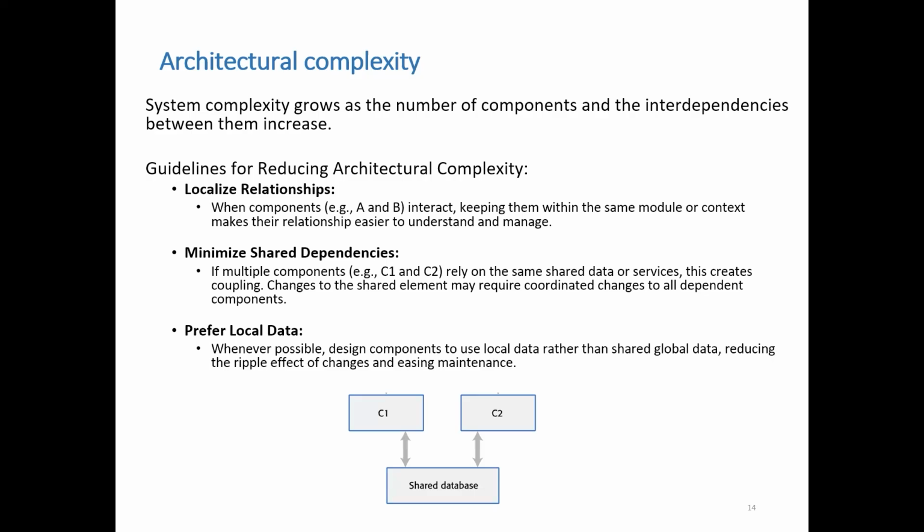Give each component its own copy or abstraction of what it needs rather than forcing them to depend on a shared resource. This helps reduce ripple effects and improve modularity. In short, smart decomposition isn't just about slicing up functionality, it's about strategically managing relationships. So the system stays understandable, testable, and maintainable over time.